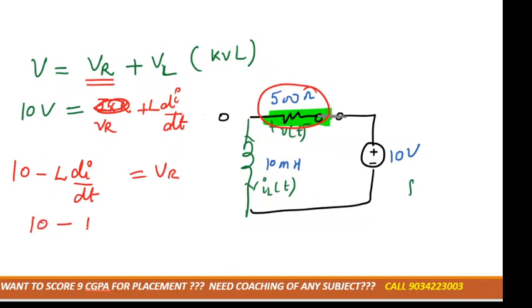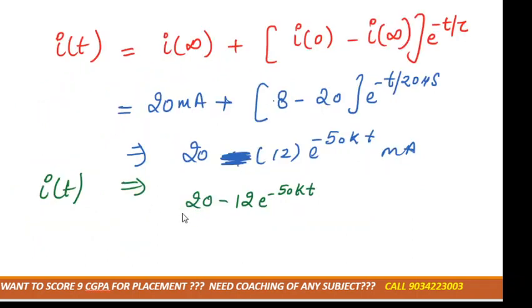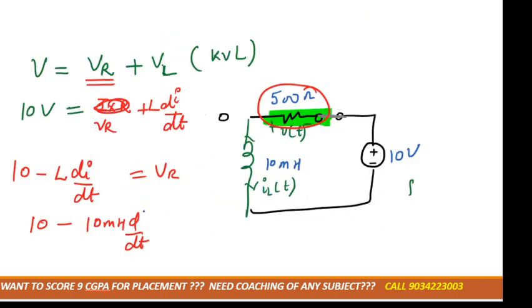10 minus, inductor is how much? 10 millihenry, d by dt. The current equation we got is 20 minus 12 e raised to power minus 50 kt, right? Got it?